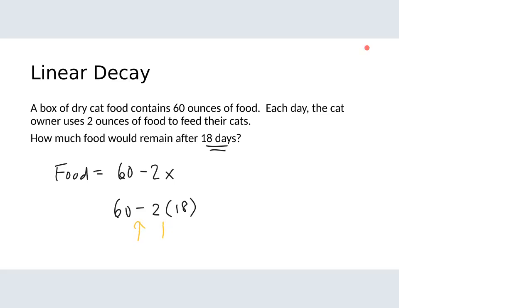So we're going to do that multiplication first. And we'll have 60 minus 36, which is 24. So how much food would remain after 18 days? 24 ounces. And essentially, this is the process of creating and then using a mathematical model.